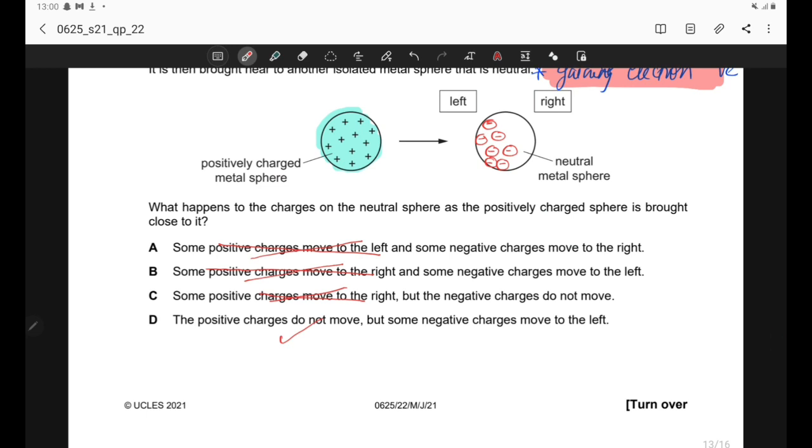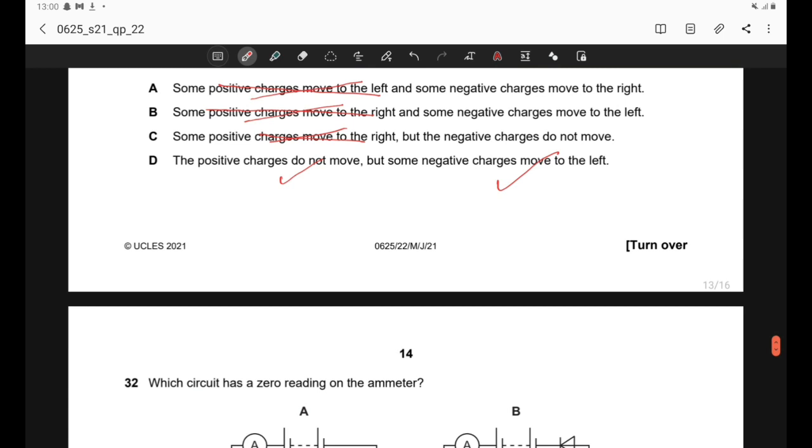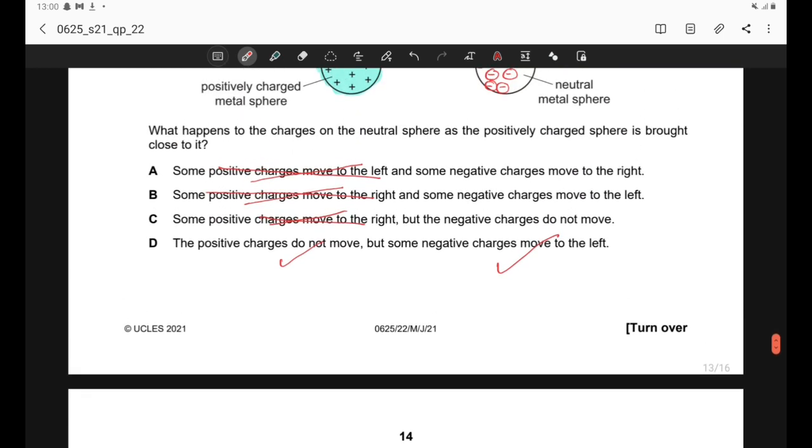That is correct. But some negative charges move to the left. Yes, we have seen. The negatively charged particles will move to the left side, so that they are very close to the positively charged sphere. It's because opposite charges attract. Therefore, the correct answer for this question is option D.